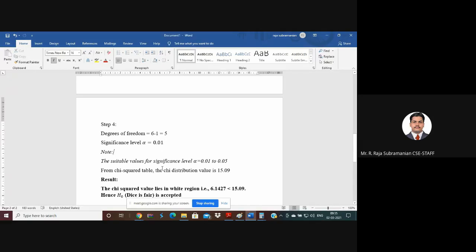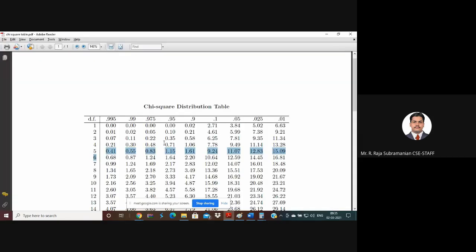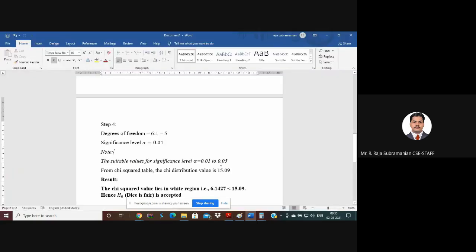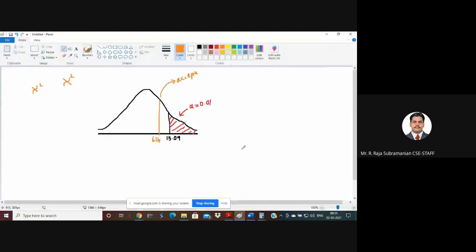Next, I find the chi-square distribution value. I have the degrees of freedom ready and the significance level, so I go to the chi-square table. In the chi-square table, 0.01 is here and the degrees of freedom 5 is here. The intersecting point is 15.09. I take this and put it here in my distribution.